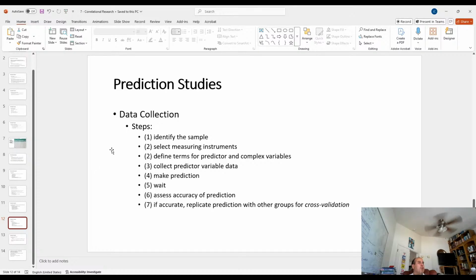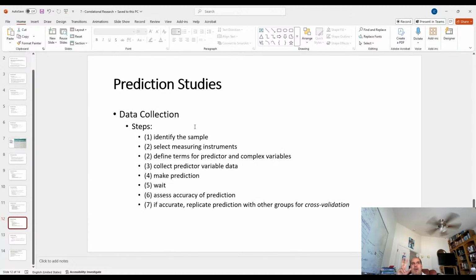Okay. All right. Prediction studies: you have to identify the sample. You have to select the measuring instruments, being the survey or that type of thing, identify the terms for predictor or criterion variables that you're going to use, collect the predictor variable data, make the actual prediction, wait, assess the accuracy of your prediction, and if you're accurate, replicate the prediction with other groups for cross validation, to make sure that there are no variables polluting or affecting the relationship between the two variables that I'm studying to make a prediction.